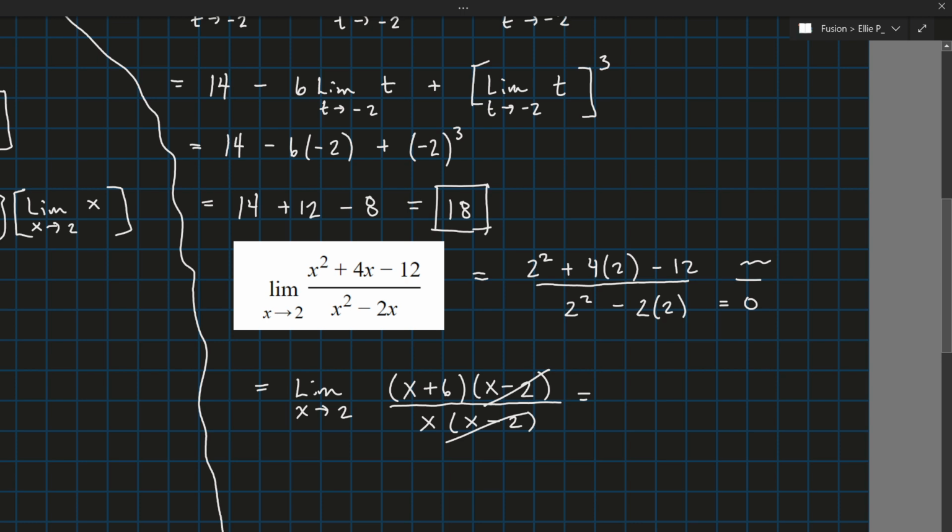That's right. Sorry. No, you're good. So we have x plus 6 over x. And now if we plug in, actually, excuse me, I broke my own rule. We have to rewrite the limit. Now if we plug in, we'll get 2 plus 6 over 2 equals 4. It's all 2s, all the way down.